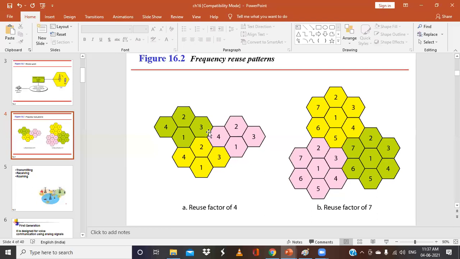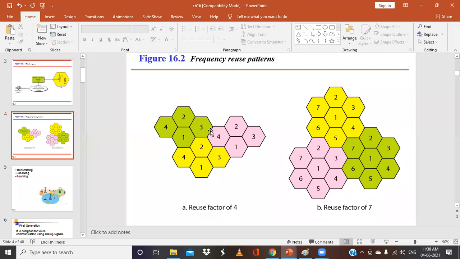If you observe this, here the number of cells is 4, so the reuse factor is 4. In this diagram we have 7 cells, so the reuse factor is 7. We can have 1, 2, 3, 4, 5, 6, 7 and so on, not more than that.